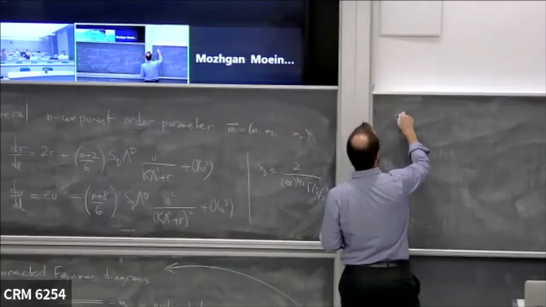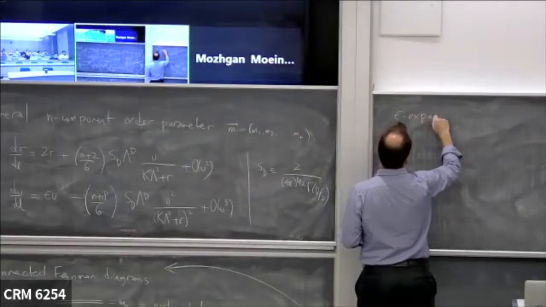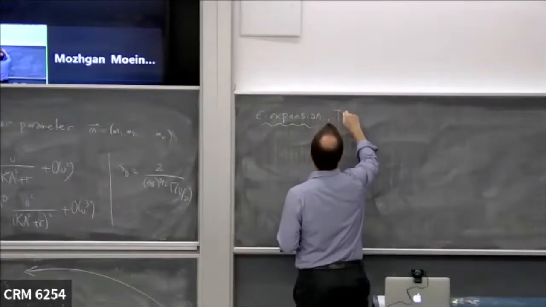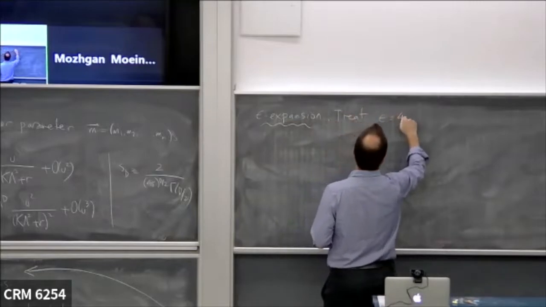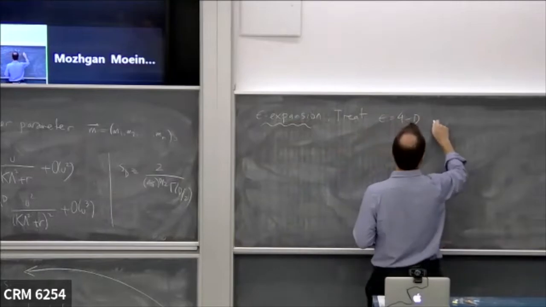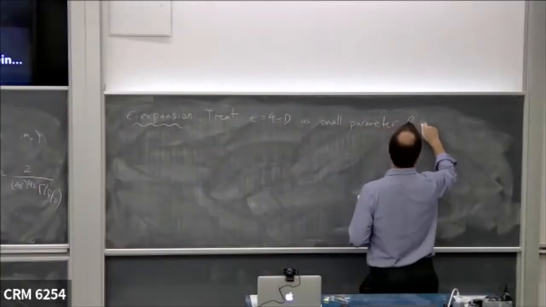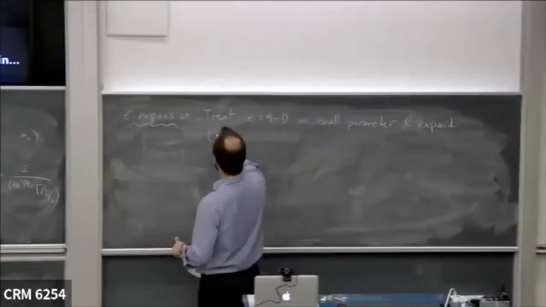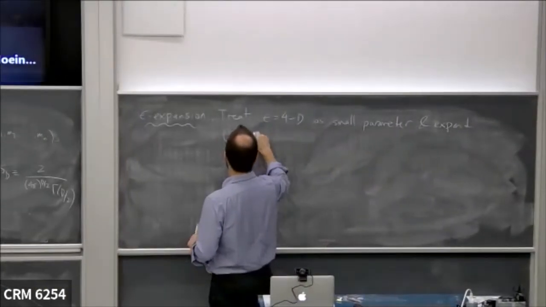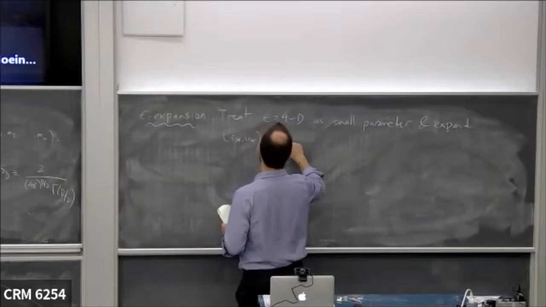And the idea to do that systematically is called the Epsilon expansion. We want to treat this epsilon parameter, 4 minus d, as a small parameter, and then solve for these fixed point couplings order by order in powers of epsilon.